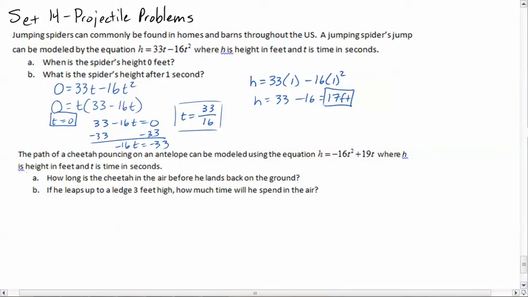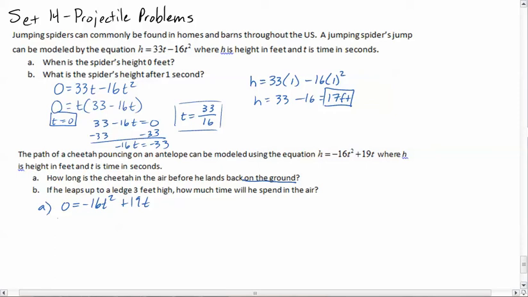The path of a cheetah pouncing on an antelope can be modeled using this equation, where h is height in feet and t is time in seconds. So, how long is the cheetah in the air before he lands back on the ground? So this one, recognize it's not telling you what the height is, but he's saying back on the ground. And so again, we're going to go 0 equals negative 16t squared plus 19t.